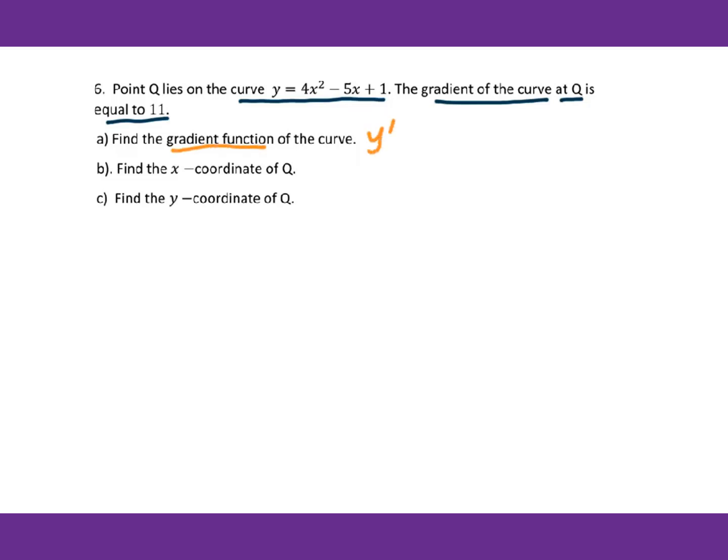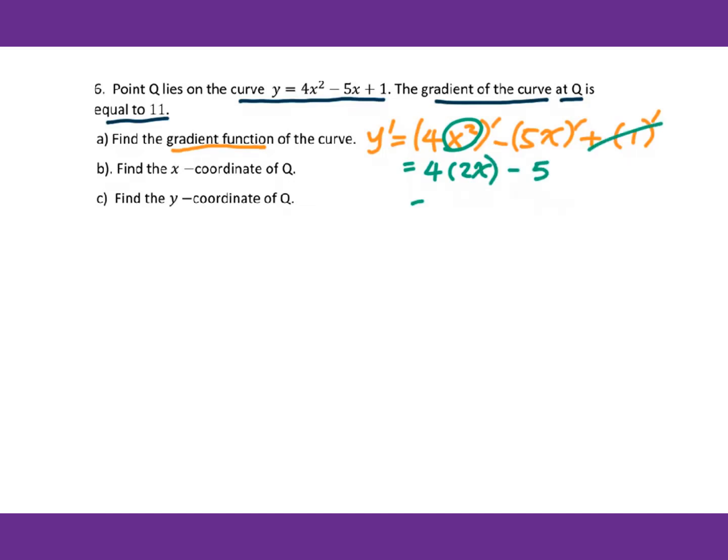So y prime equals 4x squared, we do the derivative, minus 5x, do the derivative, plus 1, do the derivative. You will get x squared, that's 2x. So 4 times 2x minus 5. This is 0. Organize: 8x minus 5.